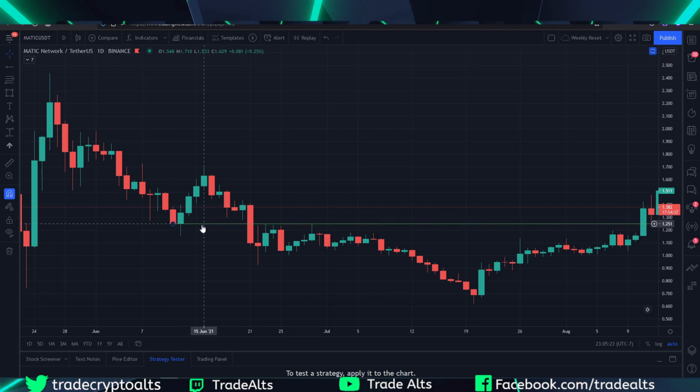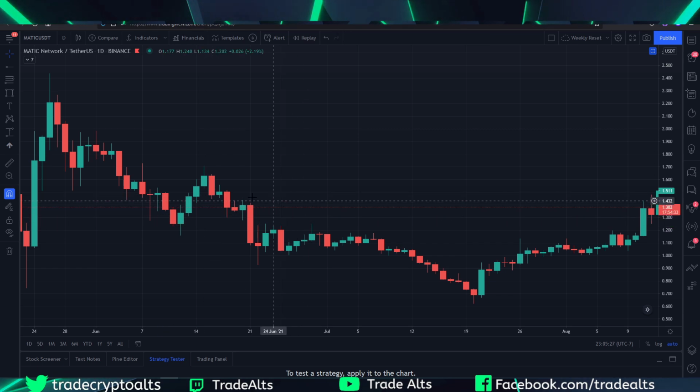But we're going to get into the support resistance zones now, because there's a time and a place to trade these. Obviously, I use a ton of horizontal levels with my technical analysis. But there are some instances like MATIC where I really like the support resistance zones as opposed to one precise horizontal level.